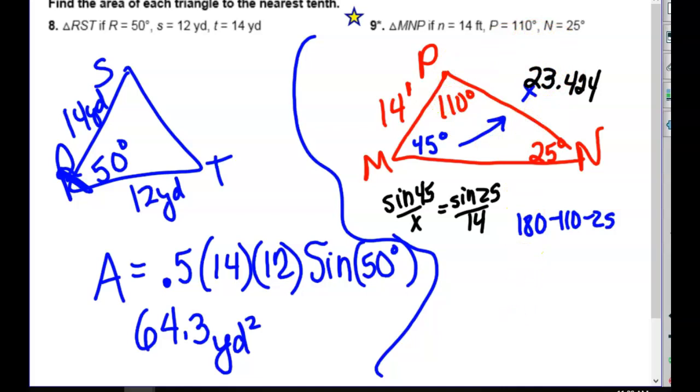So then how am I going to find the area? The formula is 0.5. What two sides do we know? 23.4, and 14, times the sine of, what's the angle in between those? The 110.